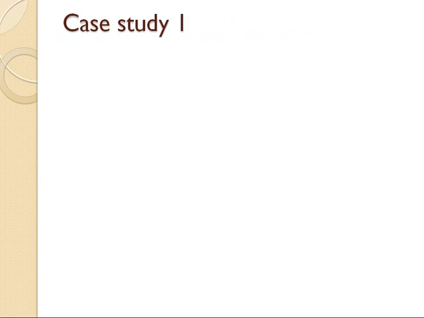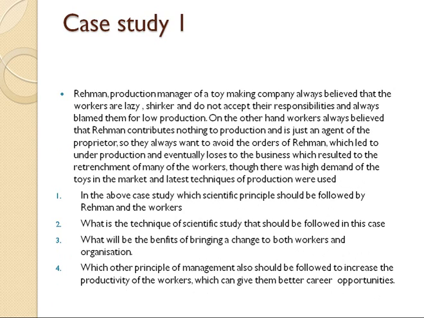Now, after understanding all the principles of management, we go to the case study. The first case study: Rahman, a production manager of a toy making company, always believed that the workers are lazy, shirkers and do not accept their responsibilities, and always blamed them for low production.